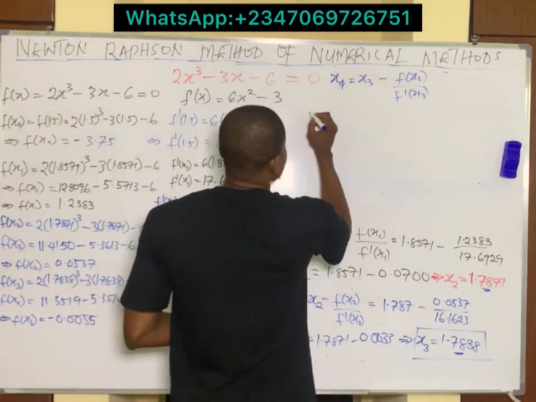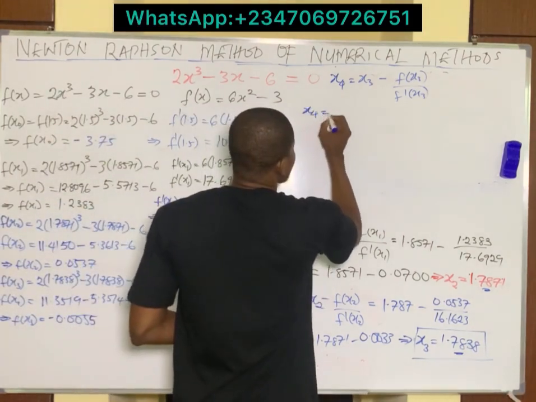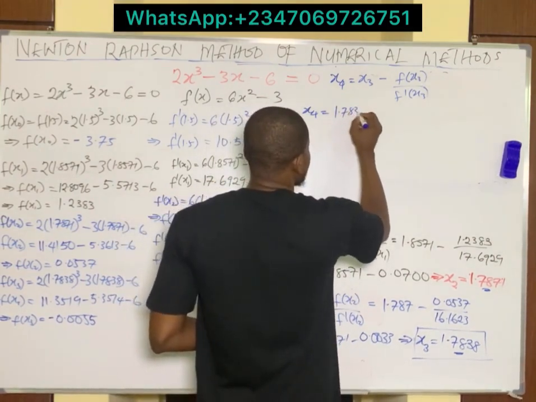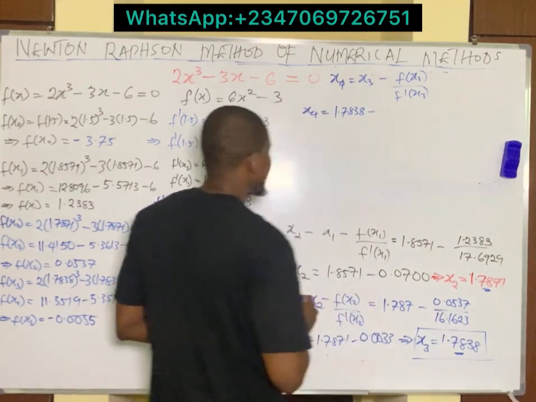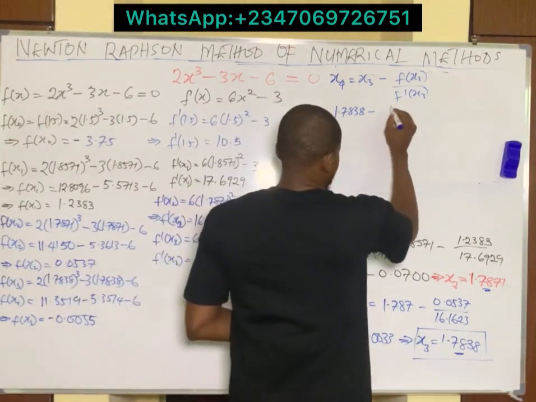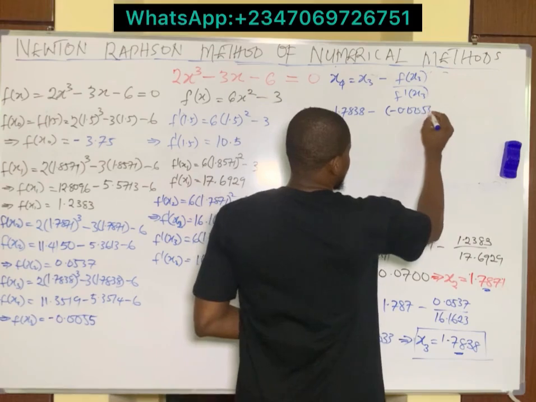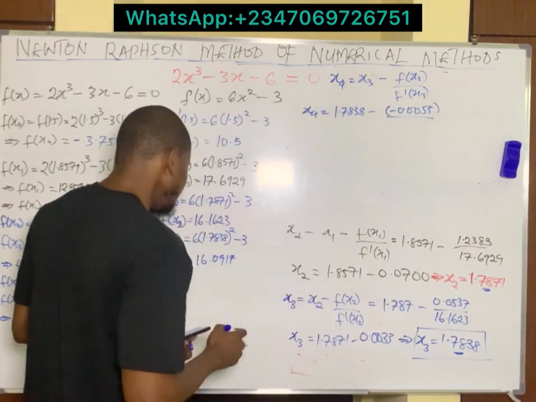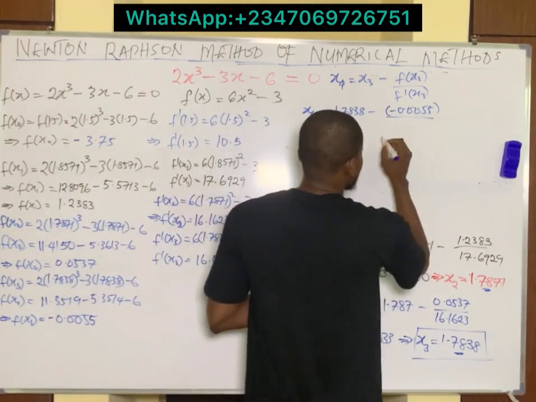We can now find x4 to be equal to x3, which is 1.7838, minus f of x3, negative 0.0055, divided by f prime of x3, 16.0917.